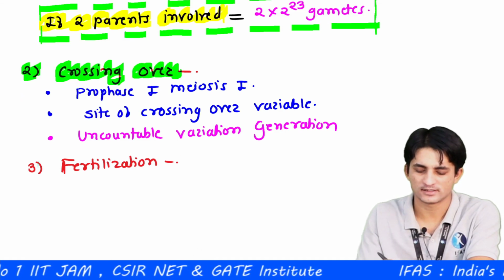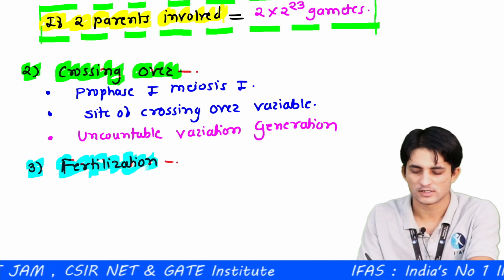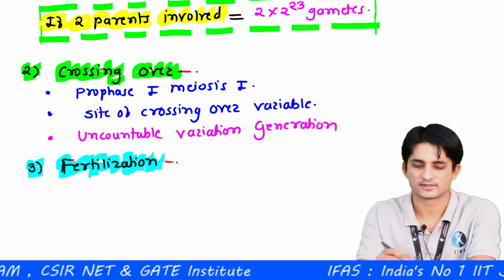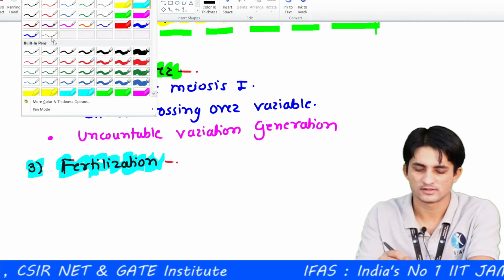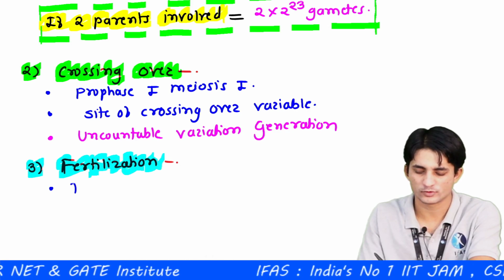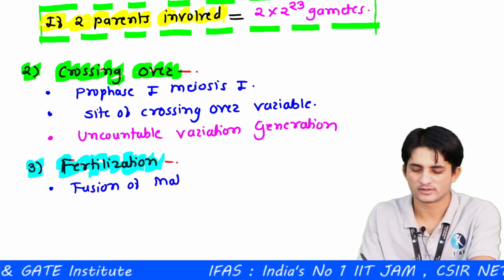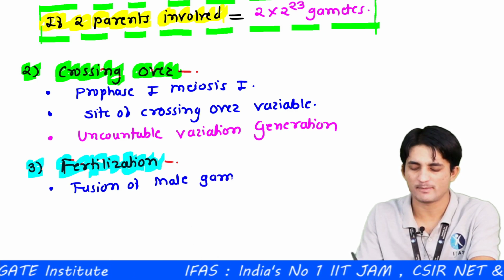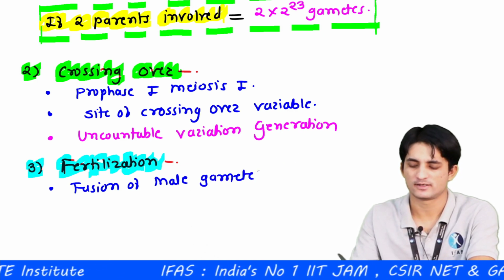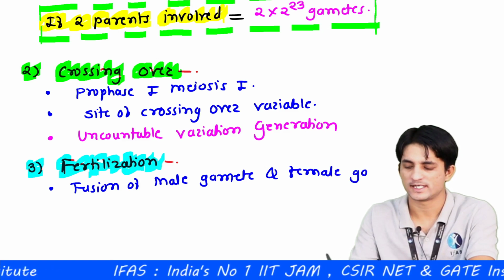So there is the fertilization, and in fertilization there is fusion of the male and female gamete. So any gamete from the male and the female gamete is fused.